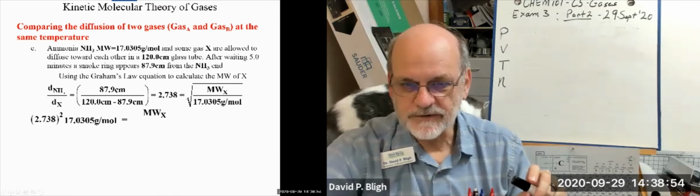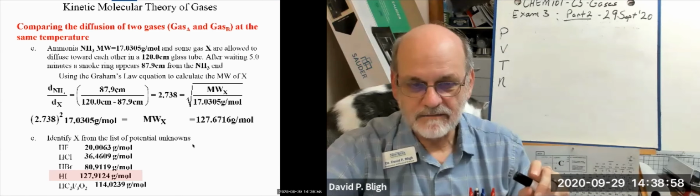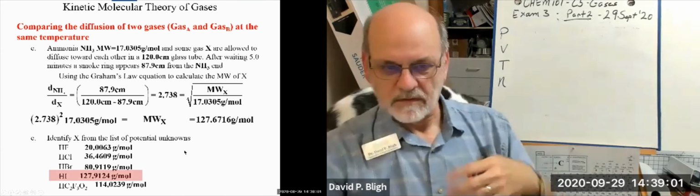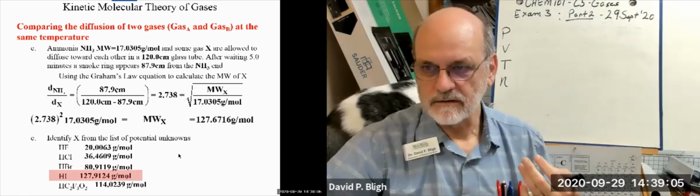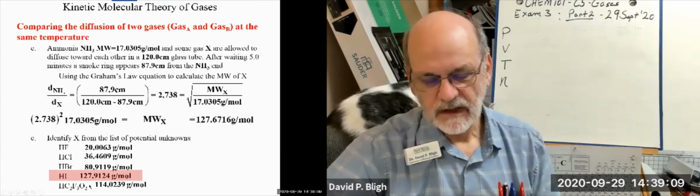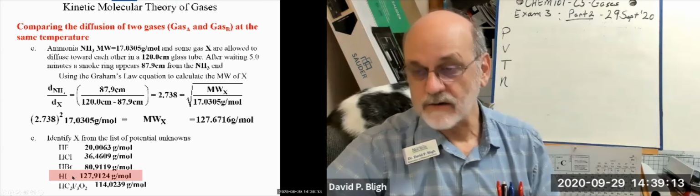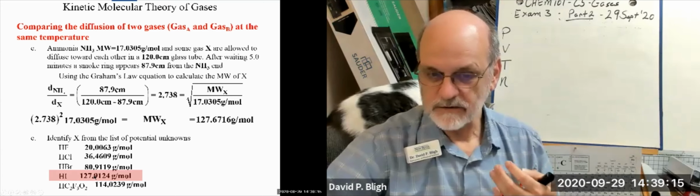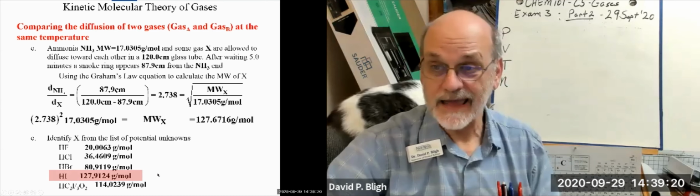Just shift things around and find out that, well, we know that the reaction with ammonia is probably a halogen of some kind. And we have these to choose from. And hydrogen iodide gives us the closest approximation to identifying X.